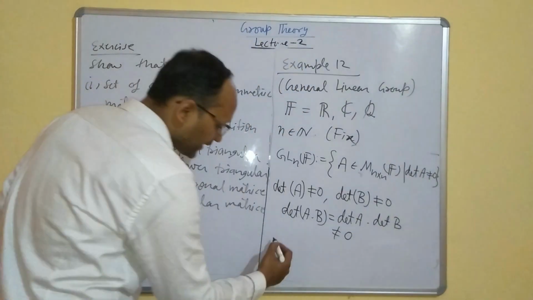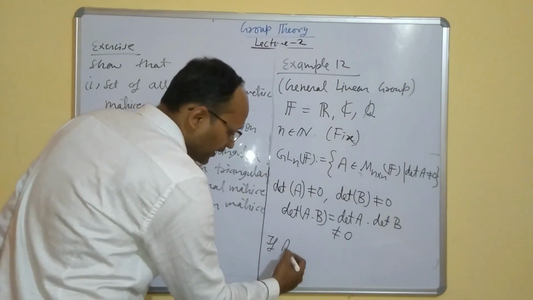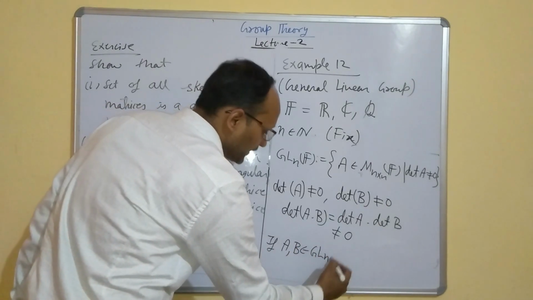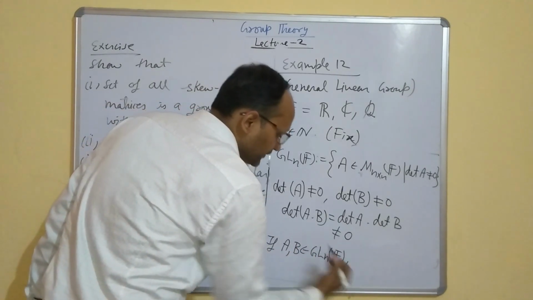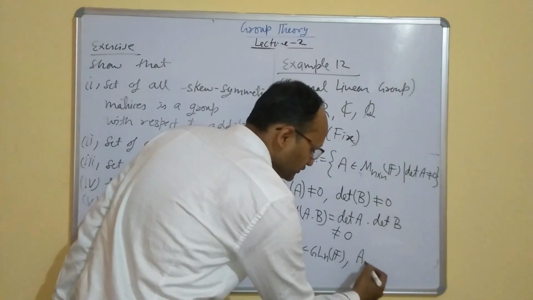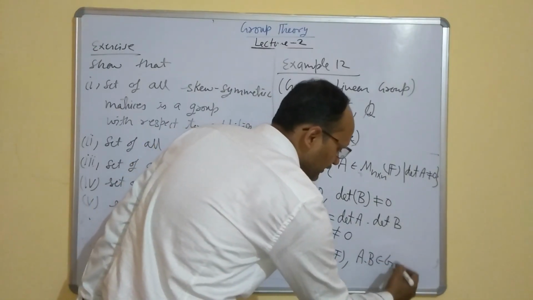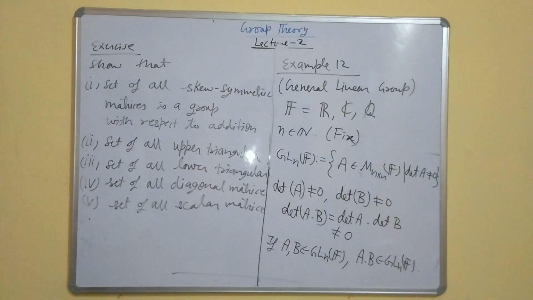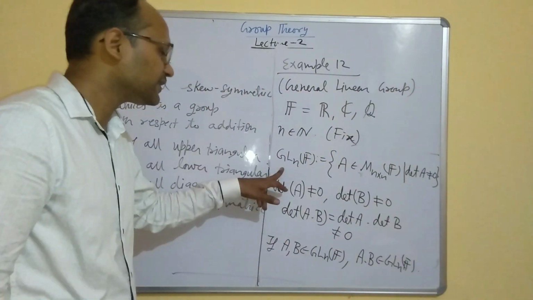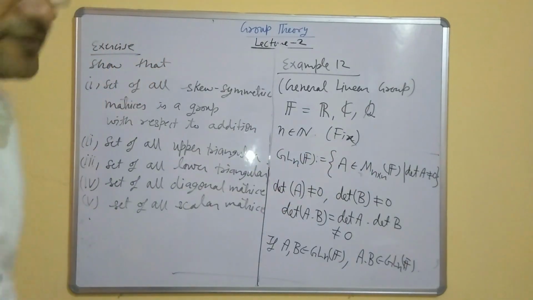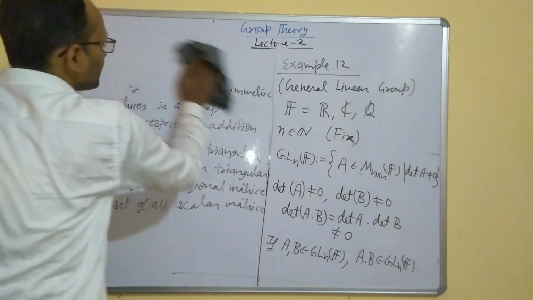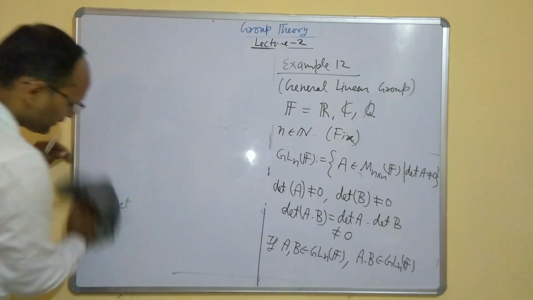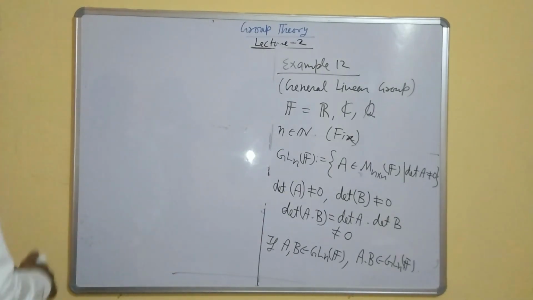So this implies if A, B belong to GL_n(F), then AB also belongs to GL_n(F). It means the product of two matrices of this set is again a matrix of this set, so multiplication is a binary operation on this set.